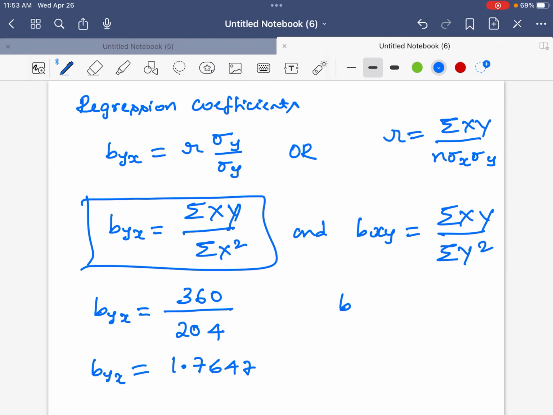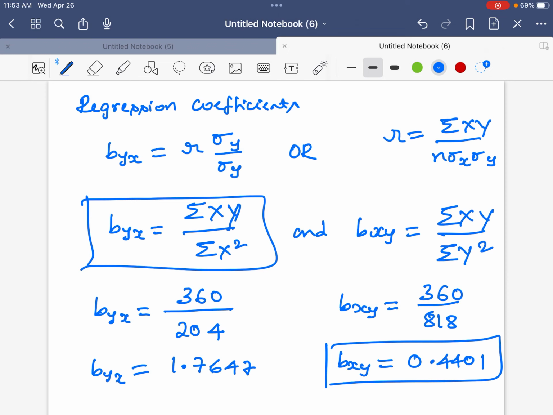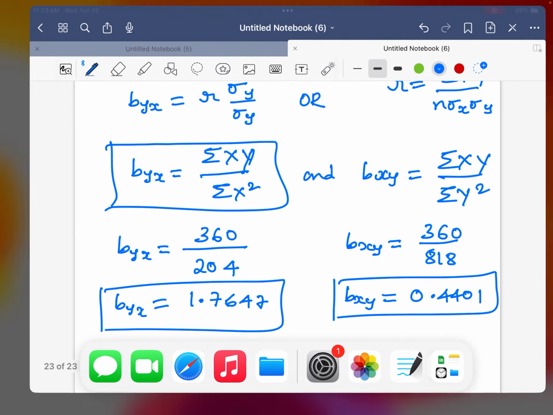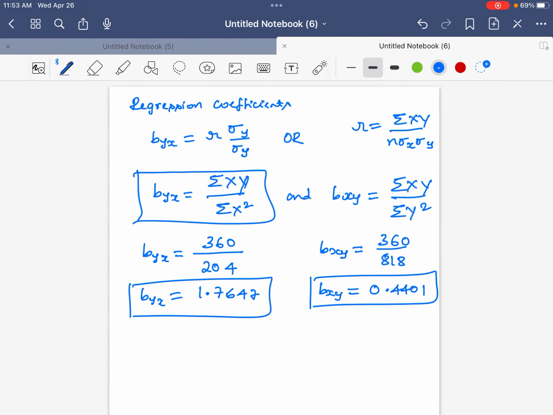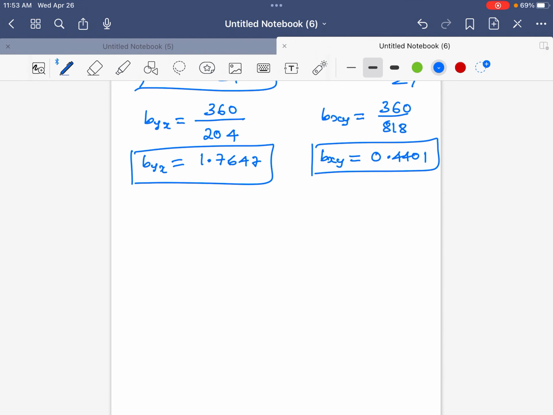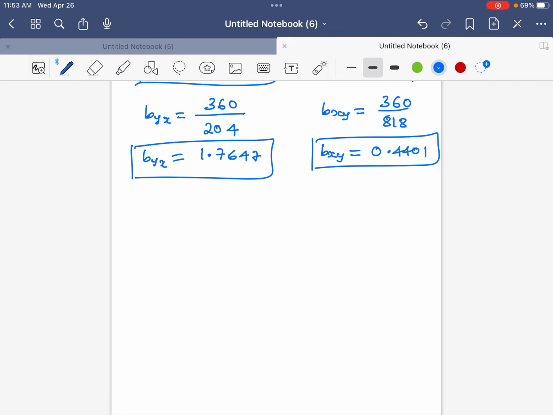Similarly, bxy is summation xy, 360, divided by 818, which on simplification becomes 0.4401. This is the regression coefficient of x on y, and byx is the regression coefficient of y on x. Knowing these regression coefficients, we can now frame the regression lines.